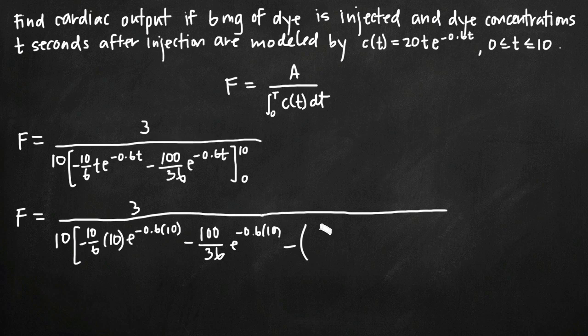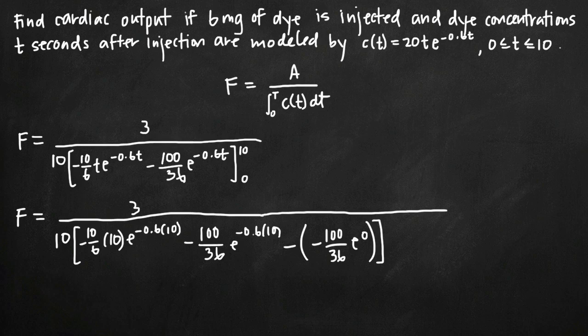Our first term will go away because we'll get 0 for t, and that'll negate everything there. Then we'll get negative 100 over 36, and e to the 0 is just 1, so that'll become 1.